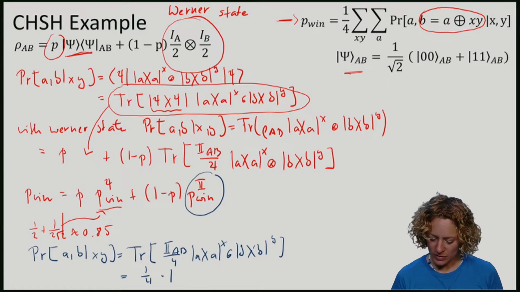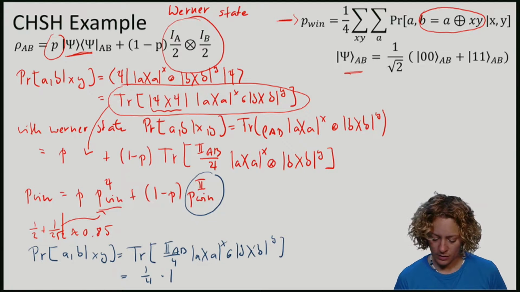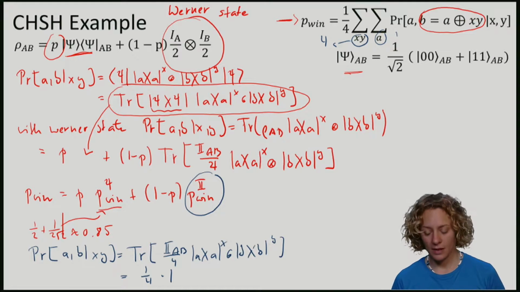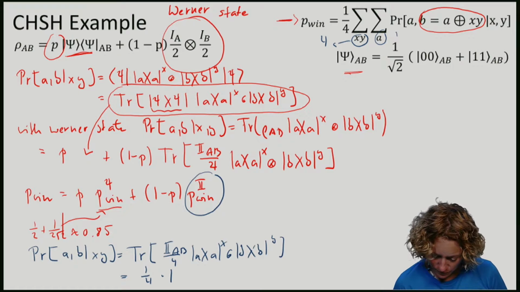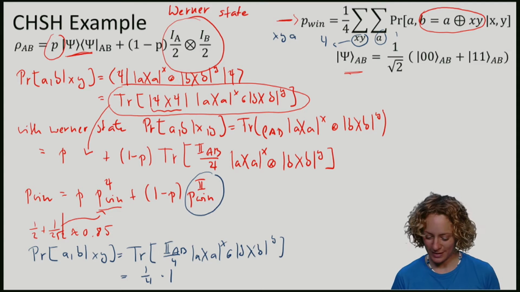So if we think now about the winning probability, all we have to do is count the number of terms. So 4 possible values of x and y, and for each of them we have 1 possible value of A. So in total, there's 8 possible combinations of x, y and A. We don't need to worry about B, because B is completely determined once A, x and y are fixed.